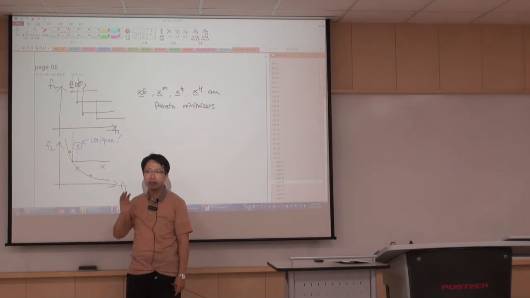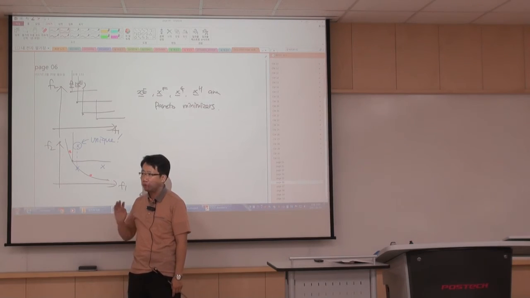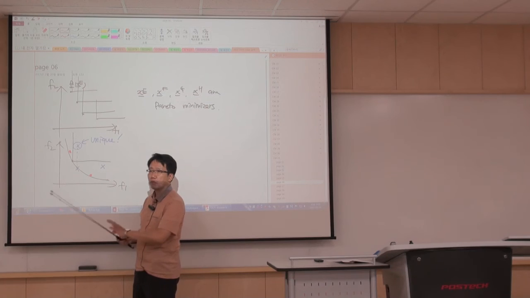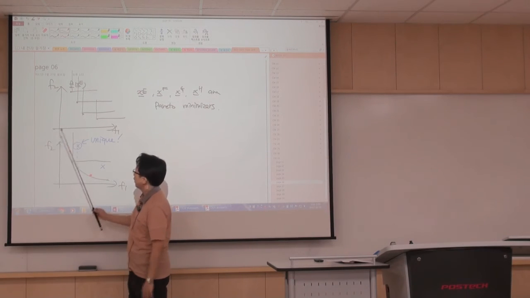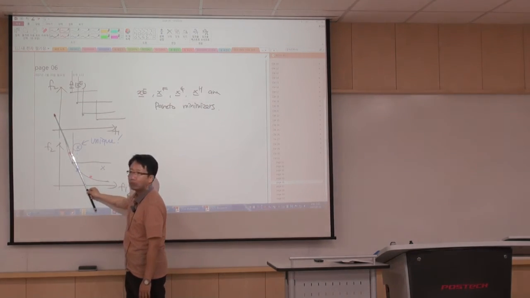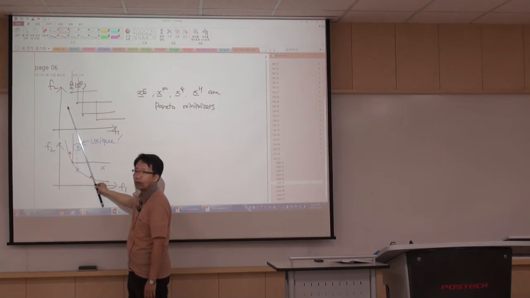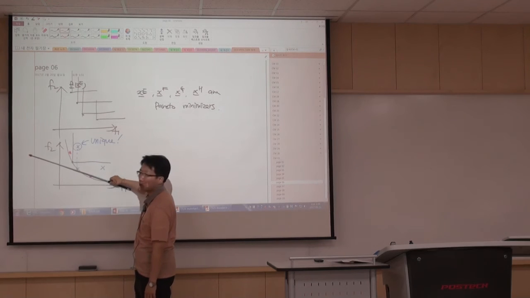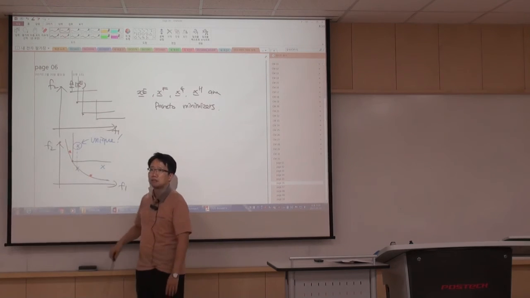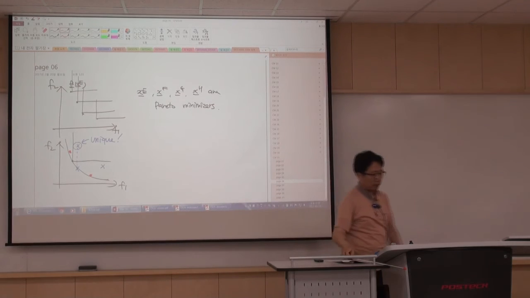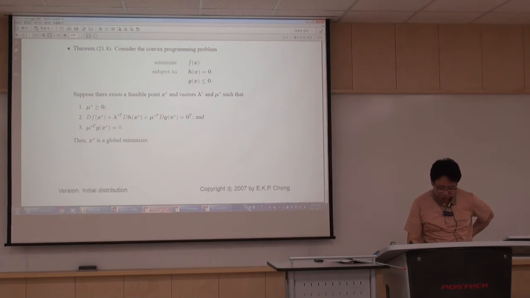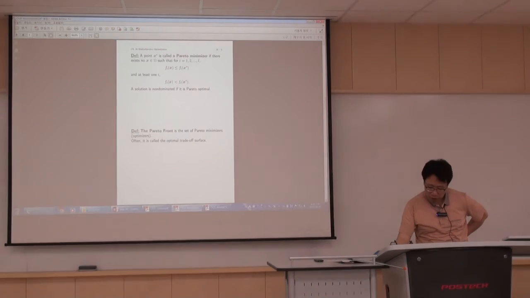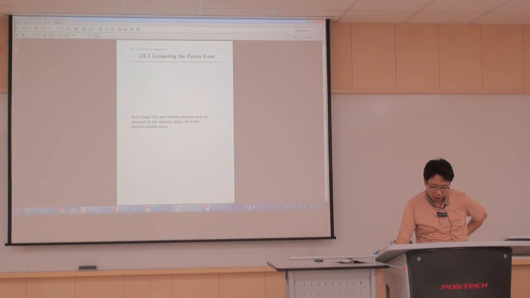People have different value systems. So according to their value system, some say this achieves a lower objective than that one. Or some people say that this achieves a lower objective than that one. But life is not that simple. Okay, anyway, so I explained the Pareto front and Pareto minimizer.